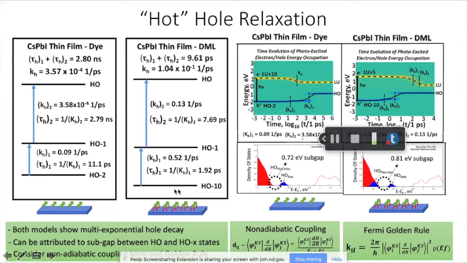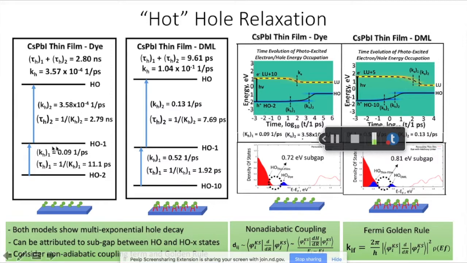For the first transition from the HOMO minus X to the HOMO minus 1 state, for the thin film dye system, it takes about 10 picoseconds to occur in the through space model, but for the through bond model, it's about 2 picoseconds. So there's an order of magnitude difference between them, but nothing really significant or too dramatic.